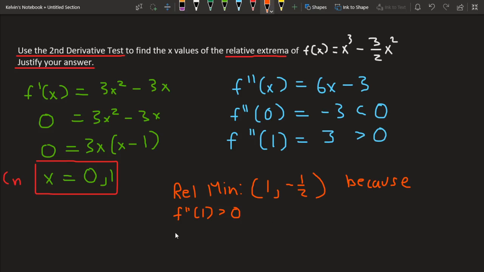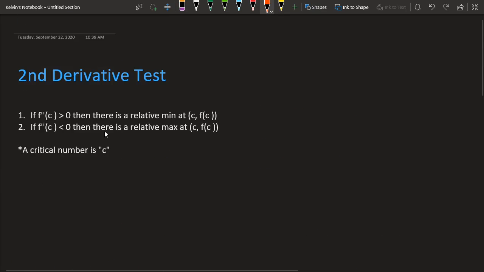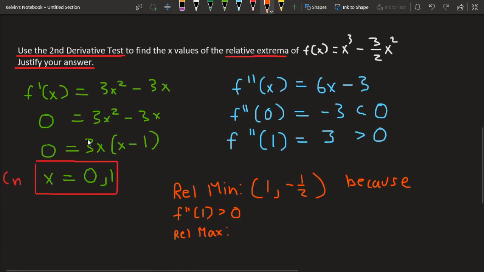Now, what about the relative maximum? Well, for our relative maximum, if we look back at our notes, we see that there's a relative maximum when f double prime of c is less than 0. And in this case, it looks like f double prime of 0, which is equal to negative 3, is less than 0. So there's a relative maximum at 0, comma, and we have to plug back into our original equation, so that would just be 0.